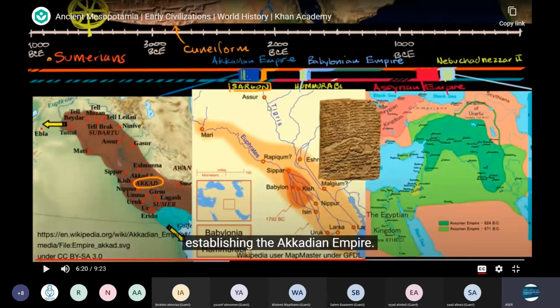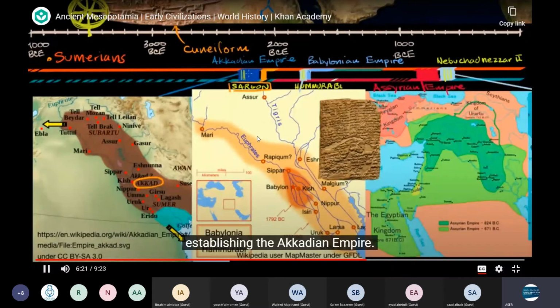Before Sargon the Great comes, all of these cities were just city-states. We have a totally distinctive civilization in the south of Mesopotamia to that of the north of Mesopotamia. But by the time that Sargon came, he started to unite all of Mesopotamia under just one rule, so that he would start his own dynasty.